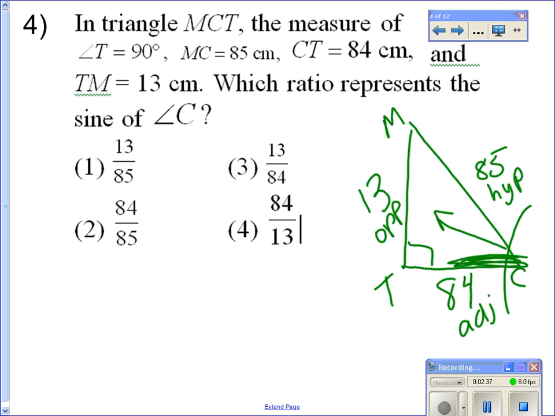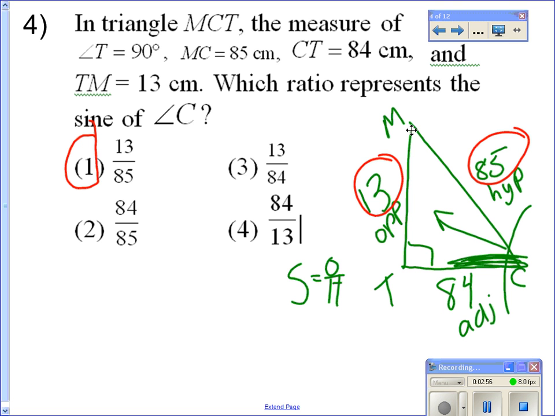And then sine is equal to opposite over hypotenuse. So I'm going to circle my opposite. Here's my hypotenuse. So it's got to be 13 over 85, which is choice 1. So the thing to remember is to make your diagram, label all your sides.